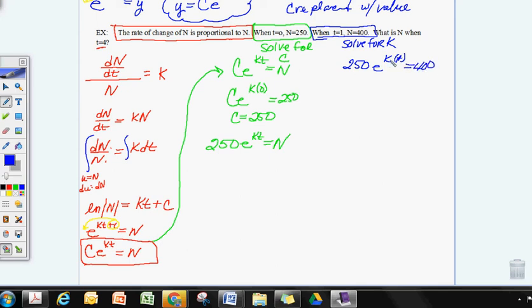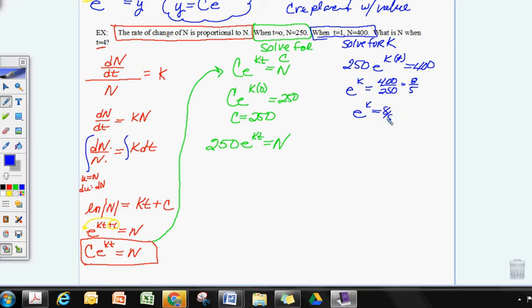Now, to solve for that k, remember the e's got to be by itself. So e to the k, notice I got rid of the times 1 up there, is going to equal 400 divided by 250, which you should be able to reduce down. I did 8/5. So I have e to the k power equals 8/5.